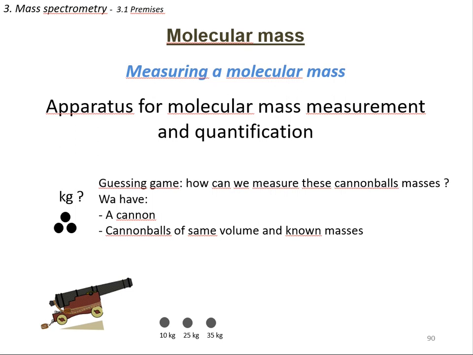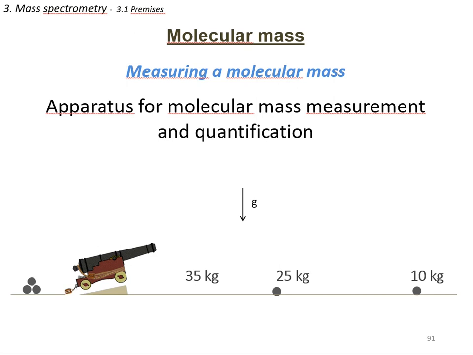So it's easy, in fact. You just have to fire the cannonballs of known masses. So this will calibrate the field of measurement. And so the lighter cannonballs will go farther than the heavier cannonballs.